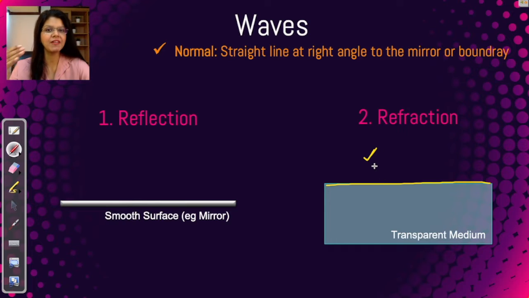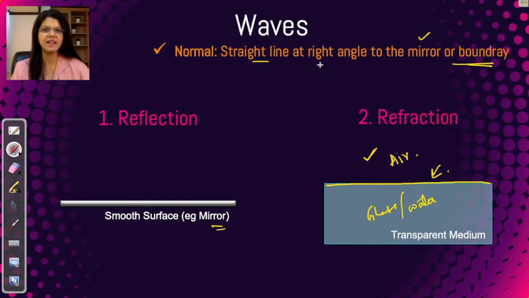Before the boundary you have one medium, maybe air, and under the boundary you have another medium, maybe glass or water. So this is your boundary and this is your mirror.